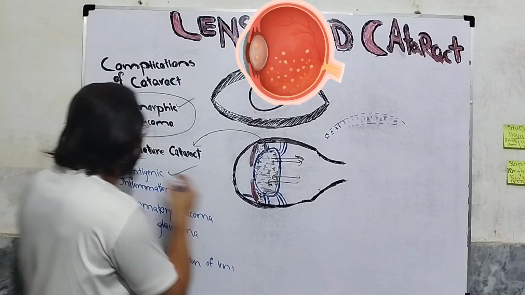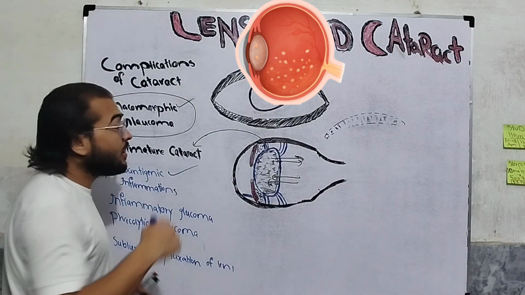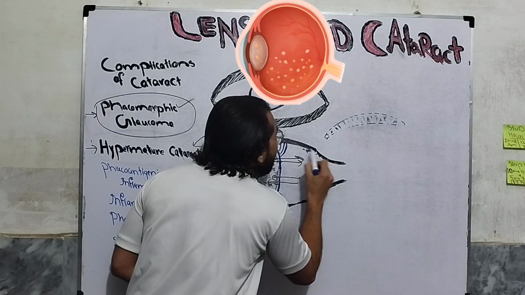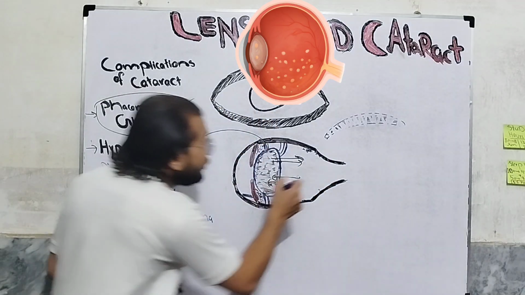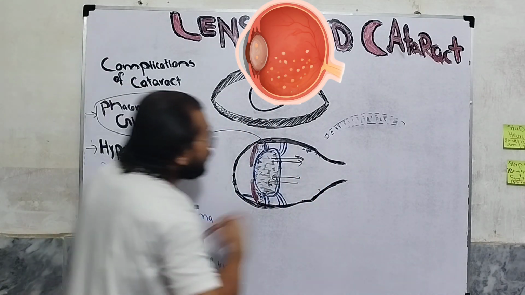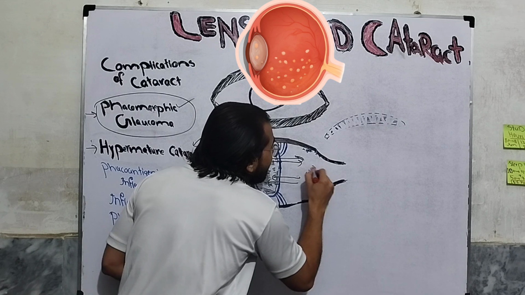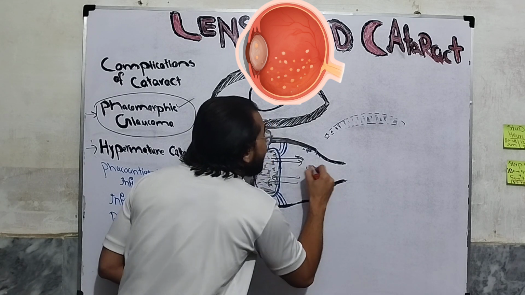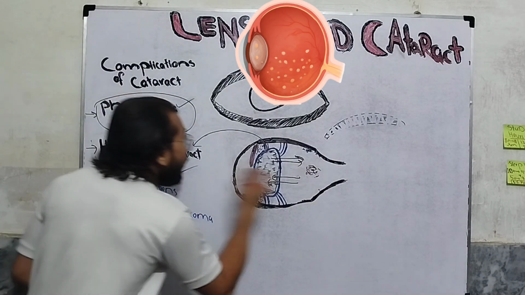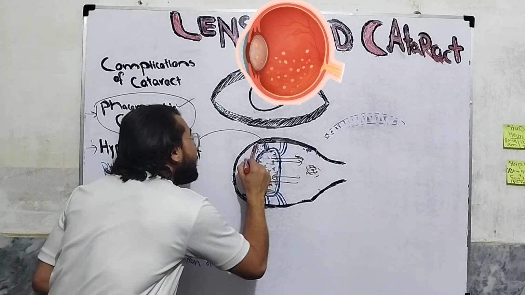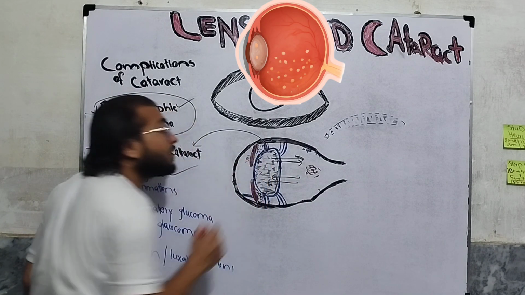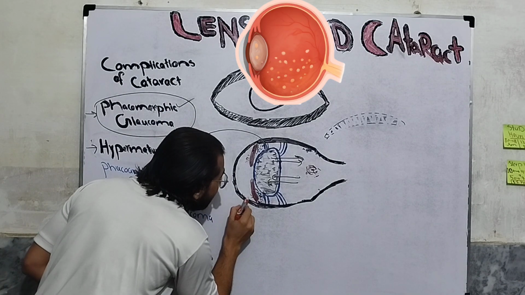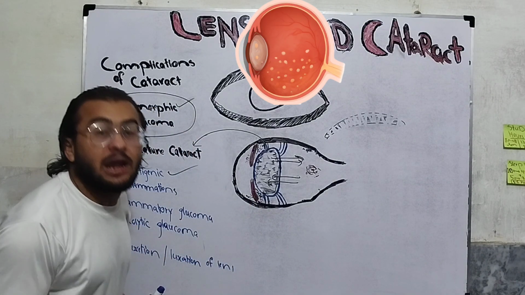So this is called phacoantigenic inflammation, and if this inflammation develops on the surface of the retina, it will cause retinitis; in the vitreous humor it will cause vitritis, okay; on the surface of the iris it will cause uveitis, okay; on the trabecular meshwork it will cause trabeculitis.